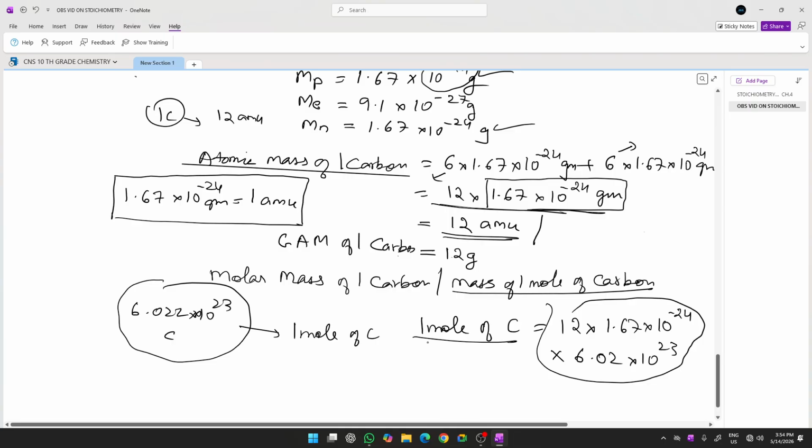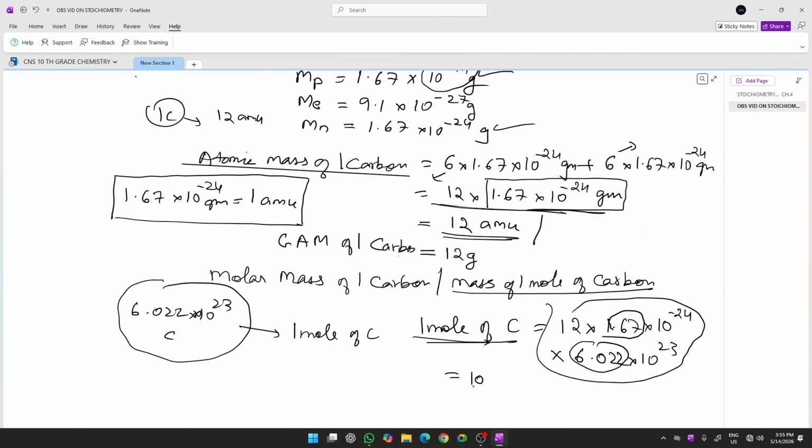So mass of 1 mole of carbon will be the mass of one atom of carbon, multiplied by 6.022 into 10 raised to 23. Now if you use your calculator, if you multiply 1.67 by 6.022, you will get the answer as 10. You can try if you want.